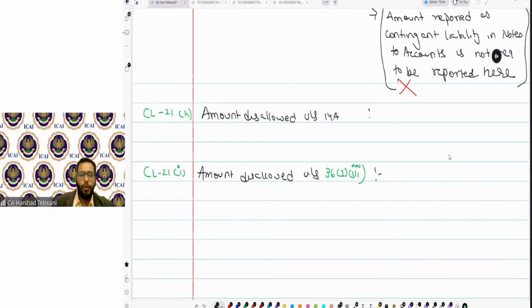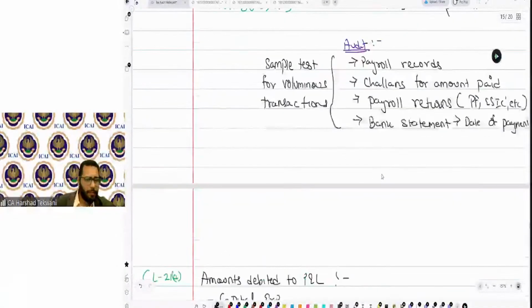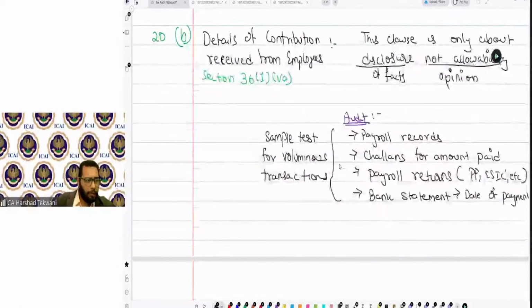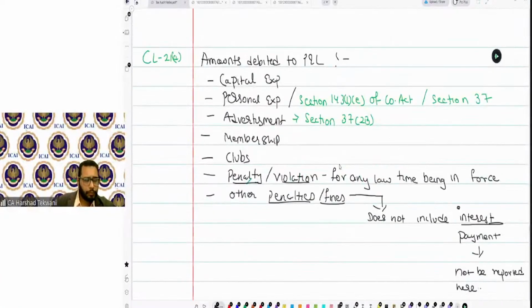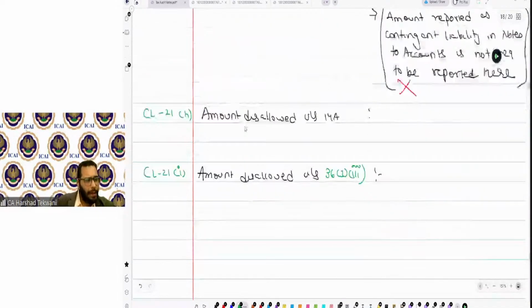And accordingly, we need to verify the things. Any doubt with respect to the whole clause 21, what we discussed? Clause 21, starting from here, debited to P&L account, all items relevant to the debited to the P&L account.